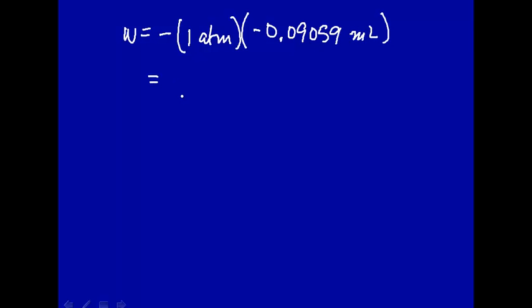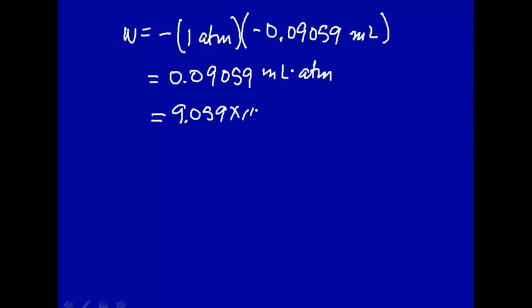That's kind of easy multiplication, the negative signs cancel out: 0.09059, and the units here are milliliter atmosphere. Let's change that into liter atmosphere, 9.059 times 10 to the minus 5 liter atmosphere.